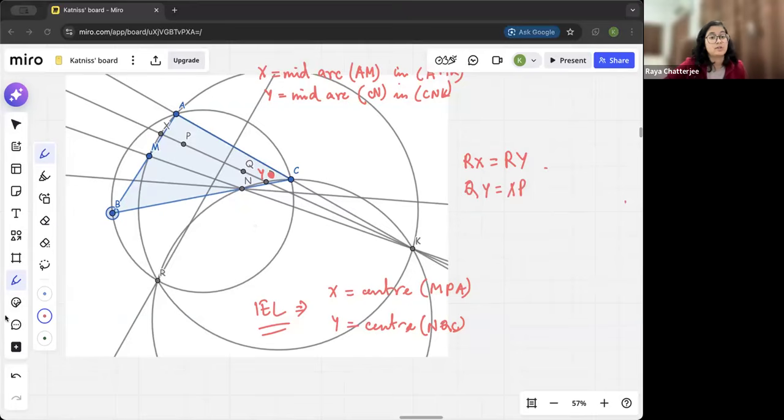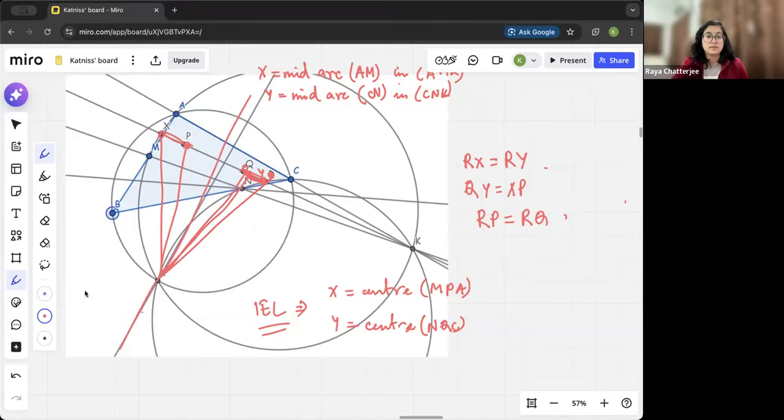So that is just going to finish it: Rp is equal to Rq. Does that make sense? Rx is equal to Ry, and you already had that Qy is equal to xp because of circumcenters. So Rp is going to be equal to Rq in the sense that XY and PQ share the common perpendicular bisector. Just this line. Does that make sense?